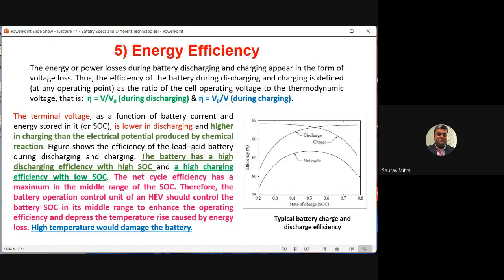As SOC increases, meaning the battery is getting fully charged, the charging efficiency reduces. Efficiency means how much energy the battery holds against how much energy you give. Whenever the state of charge increases, you are giving more energy input, but not all of it is being held by the battery.